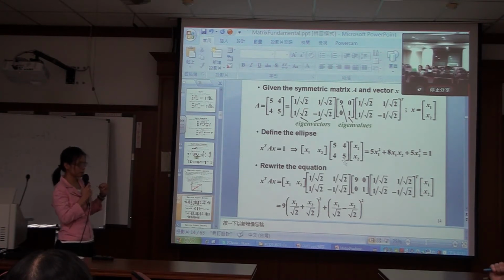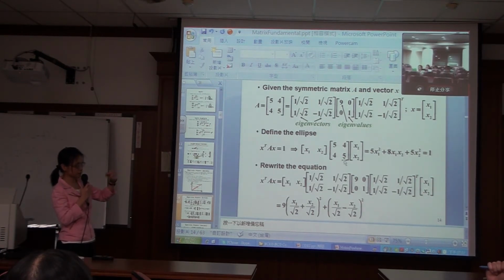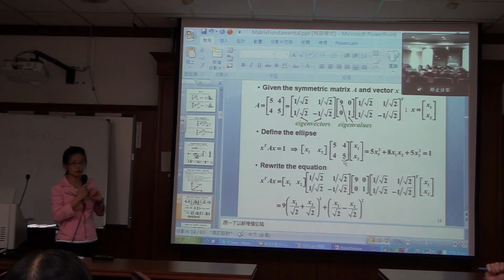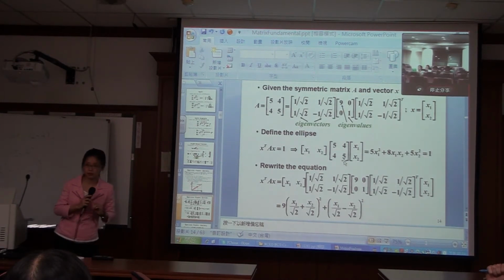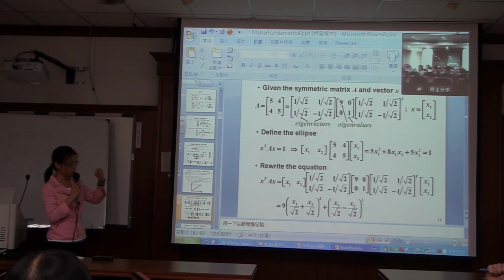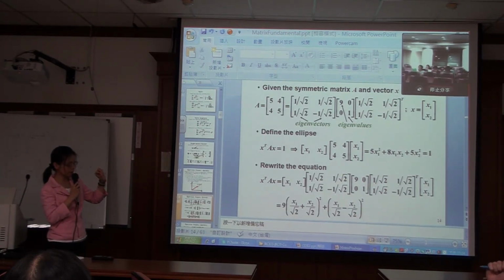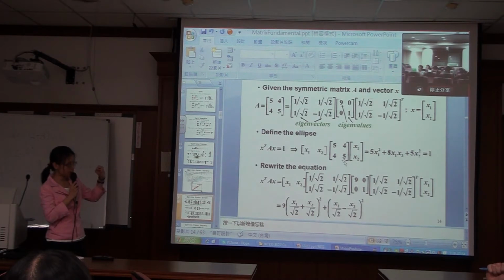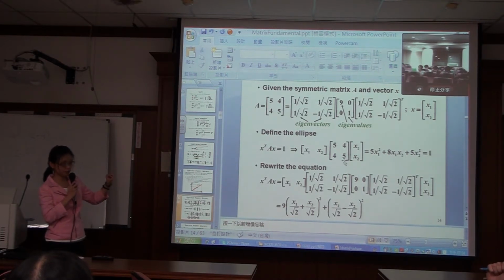We need to visualize. Even though the coefficients 5, 8, 5 or any other coefficients are positive, it does not mean it's always an ellipse equation.